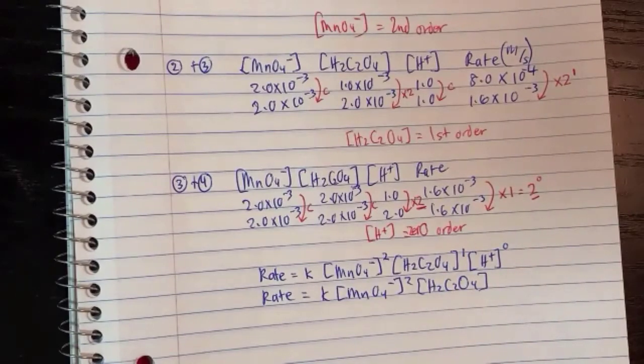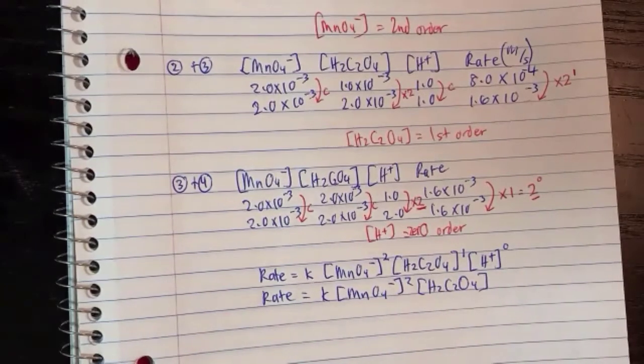Okay, so now that we have this, we want to go ahead and find K, because the next step in your lab, once you find the rate law like that, you will have to find K for every single mixture. In lecture, we're just going to do it for the first line. And then you just repeat for lines 2, 3, and 4 for your lab and get the average K for all of them.